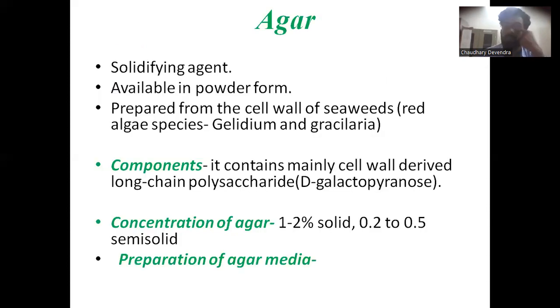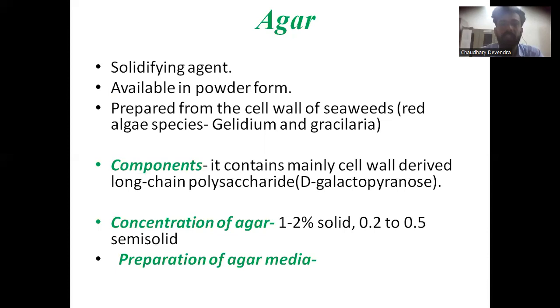Now there is agar. So what is agar? Basically, if we talk about agar, we can say in a single word, it is a solidifying agent of a culture medium.